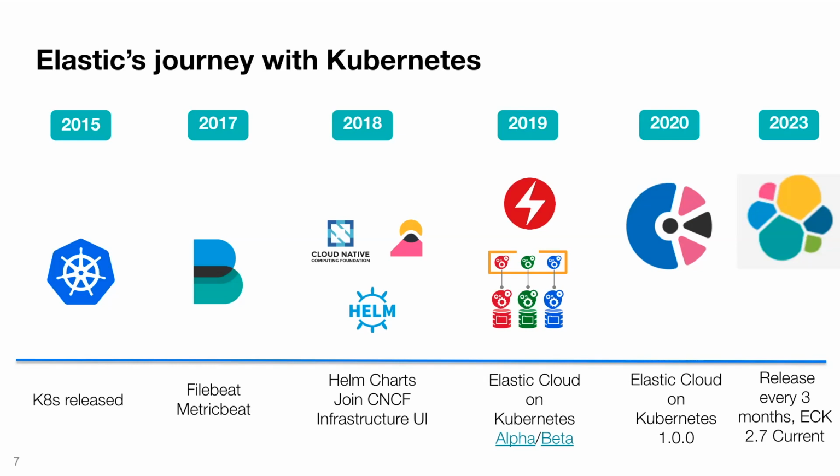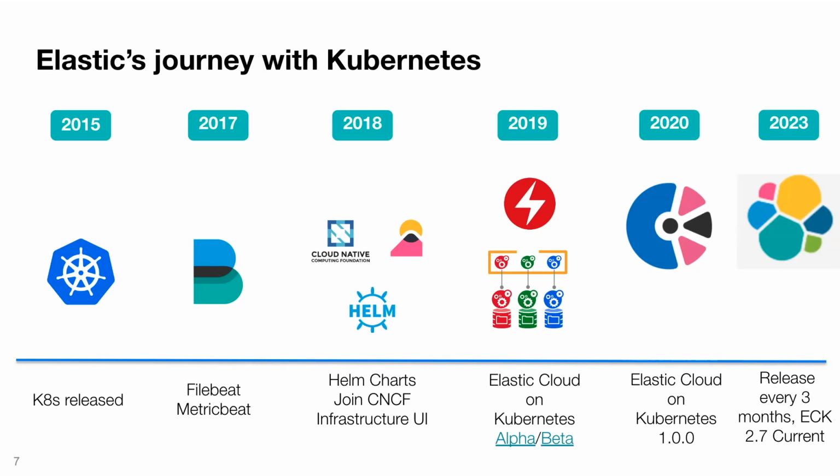And then in 2019, we released something called an operator, first in alpha and then in beta. That is basically a very easy way to extend the native Kubernetes functionality with context on the application it's running. So basically, the operator lets Kubernetes know what Elasticsearch is, what Kibana is, and what the dependencies between them are.